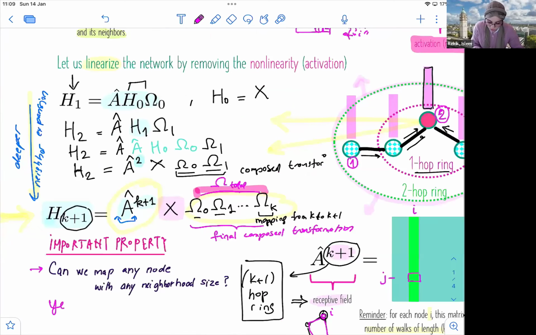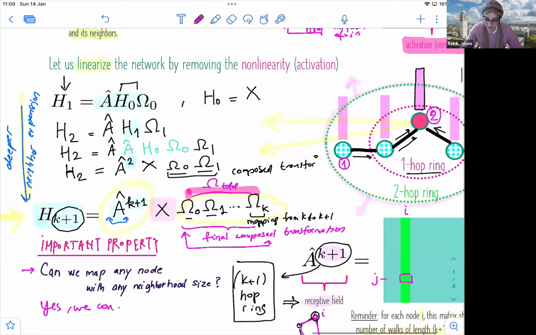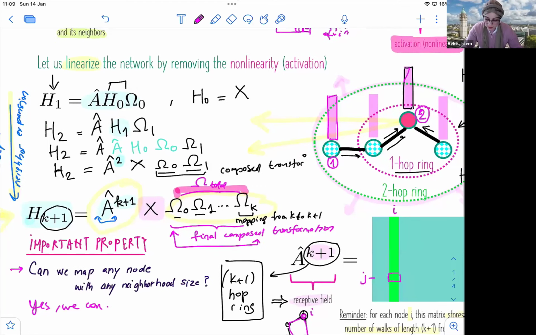We can learn a universal transformation that allows us to update the embedding of any node in the network and of any neighborhood size. This kind of transformation or layer update does not depend on the number of neighbors you have, and this is thanks to the aggregation rule.